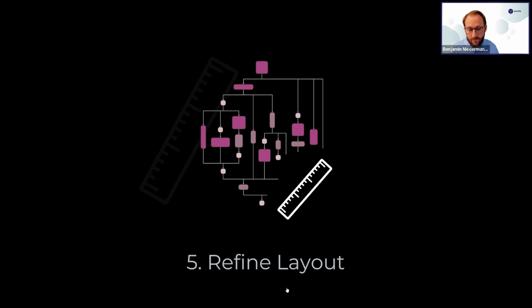I would like to go to the next step now, about refining the layout. And what do I mean by refining? So far we have just configured it in a global way, setting some global properties. But sometimes you would like to define properties for single elements, so for single nodes, for example, or a subset of nodes. And this can't be done directly on the algorithm object, but you need to use a slightly different technique.